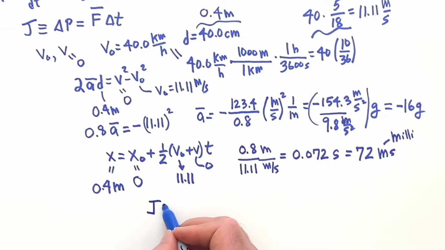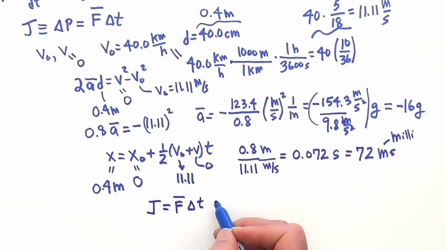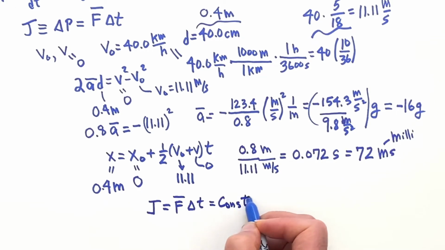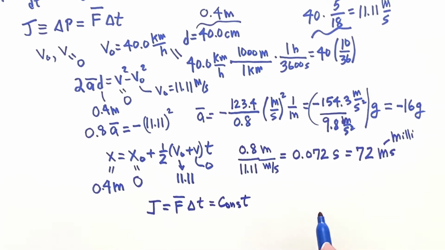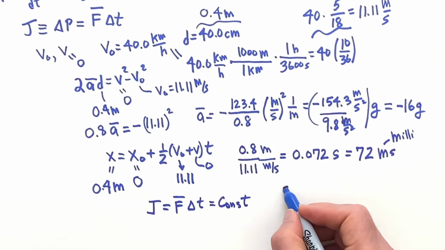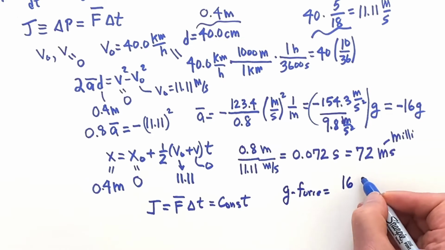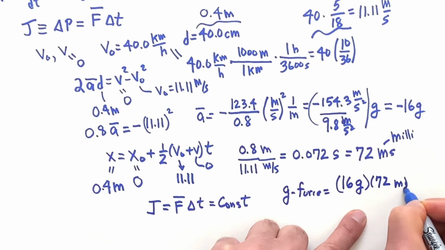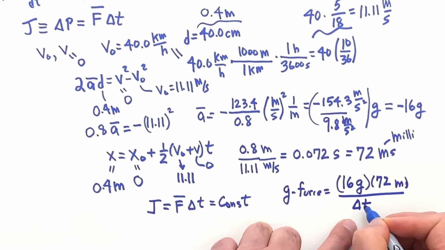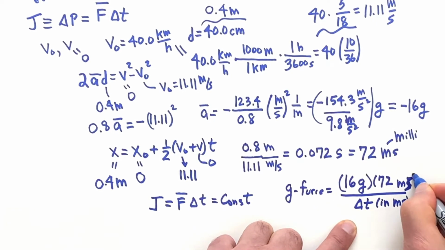So for the impulse, the average force times the delta t, this is going to be a constant for our analysis. We're going to see what an airbag can do here. As we work this out, we're going to have the g-force. We know the g-force is going to be 16 g, and I'm going to put down 72 milliseconds divided by a new delta t that's going to be different because of the airbag, in milliseconds.